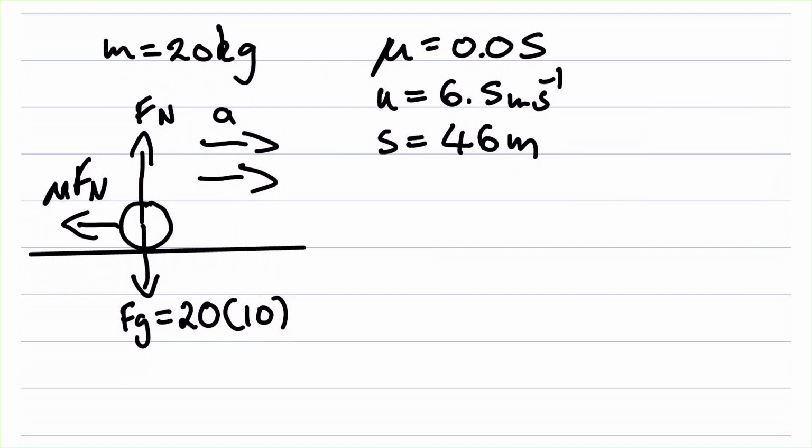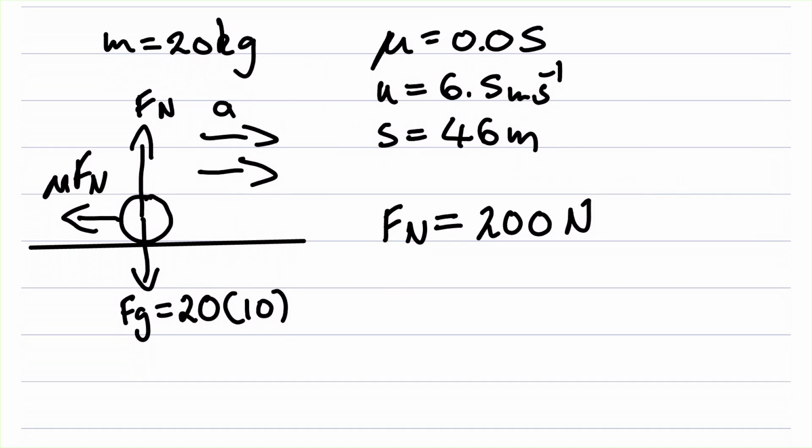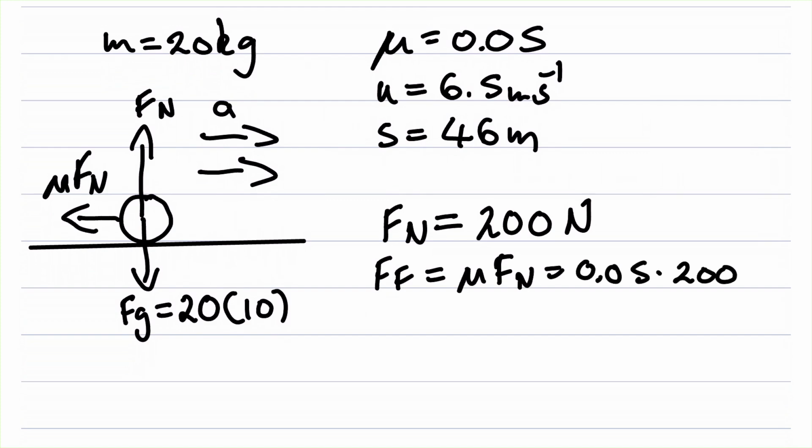Remember, if we're solving for friction, we have to find the normal contact force. So normal contact force is going to be equal to the force in the opposite direction, so that would be 200 newtons, which comes from the gravitational force. Then to find frictional force, we multiply the coefficient of friction by the normal contact force, which is 0.05 times 200.